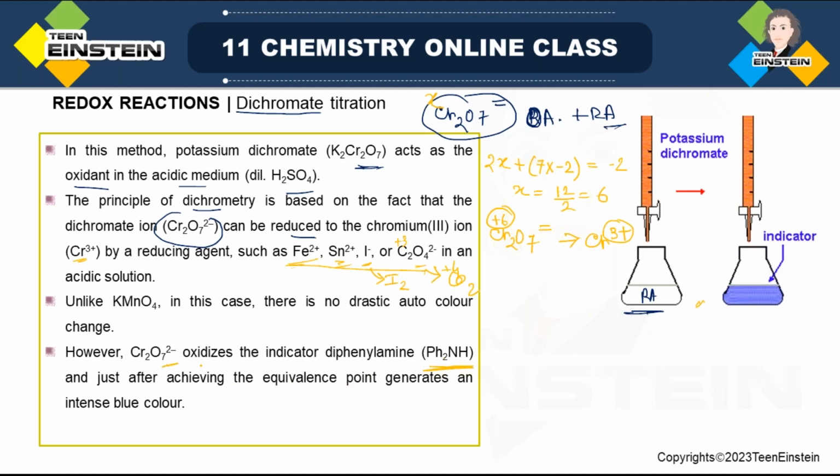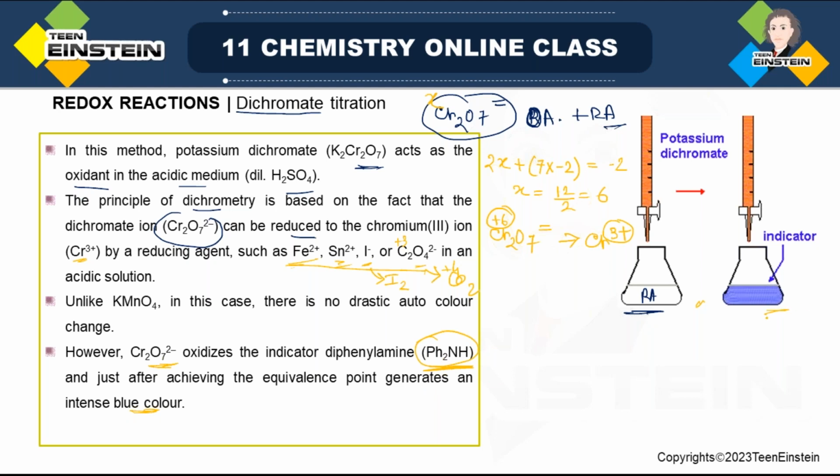So this is a strong oxidizing agent, and in acidic medium, this indicator also gets oxidized by this, because we know indicators actually also remain in oxidized form and reduced form. So when the equivalence point is achieved, that is the end point, then it produces this type of intense blue color.